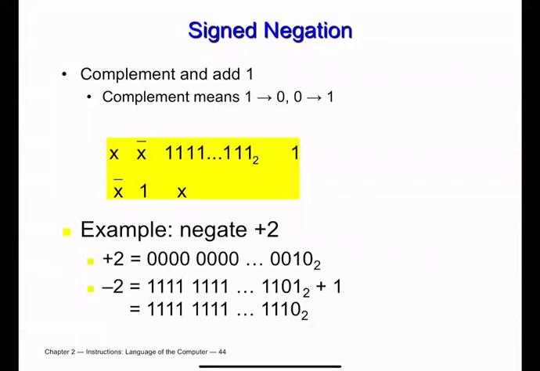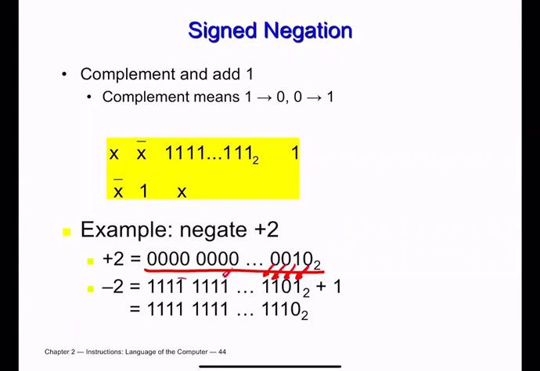Let's take an example with this 2's complement. If I would like, as an example, to get the 2's complement for 2, what we need to do is flip and then add 1. How can we do that? This 0 will be flipped to 1. The 1 will be flipped to 0. 0 will be flipped to 1, and so on.